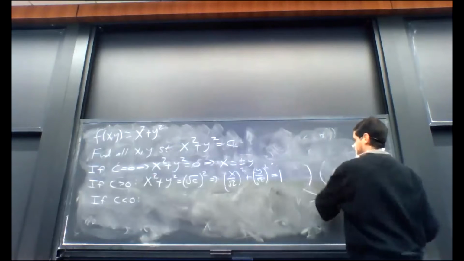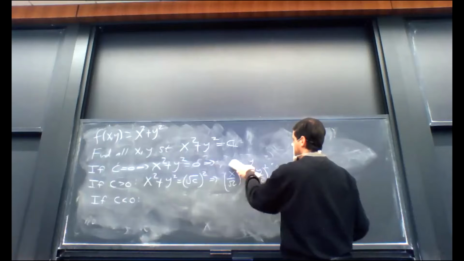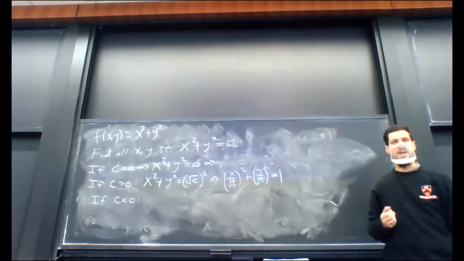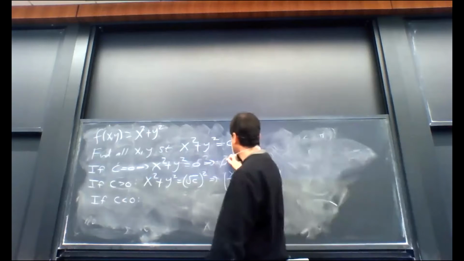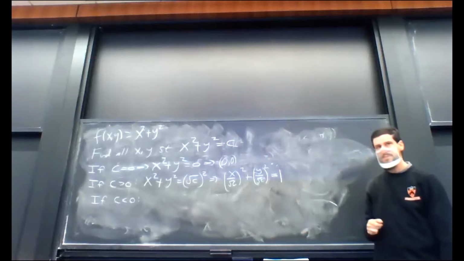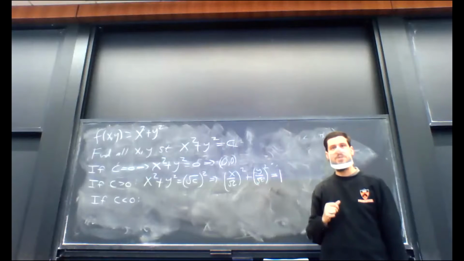Now, things become a little bit more interesting. When you have x squared plus y squared equals 0, what is the only solution to that? 0, 0. So the level set is just the point 0, 0. If c is greater than 0, we have a circle of radius square root of c.